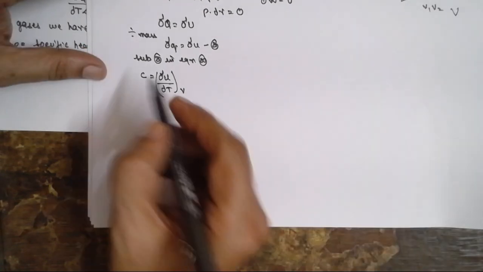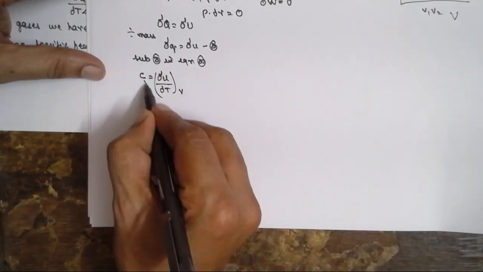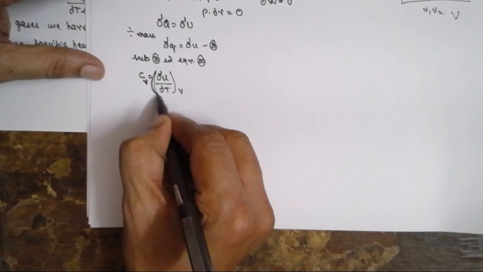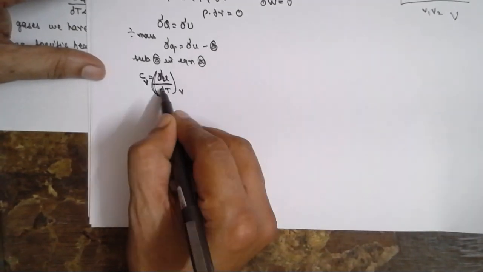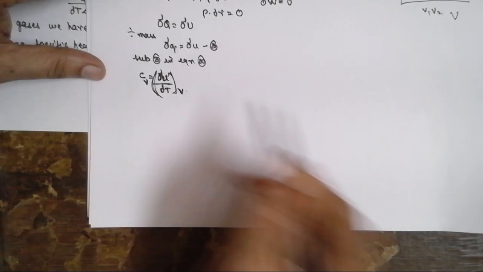Okay, no problem. It will remain the same. Now C is equal to, in terms of volume, delta U by dt at constant V.